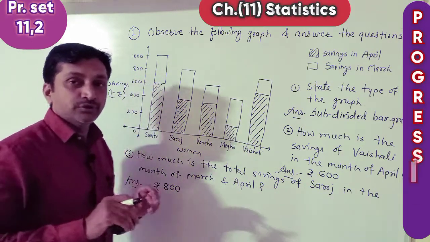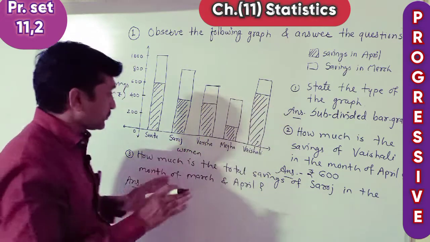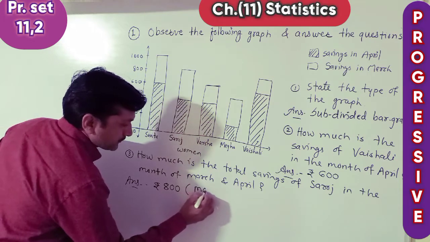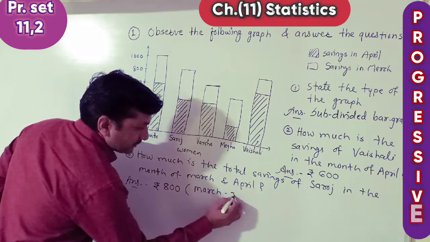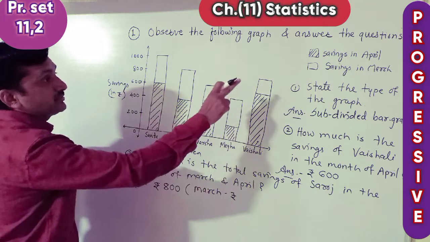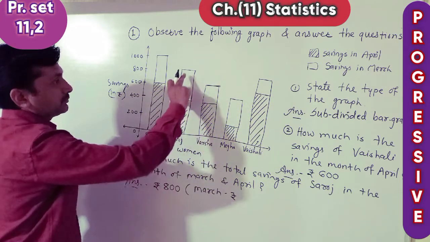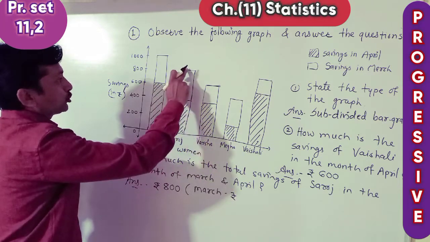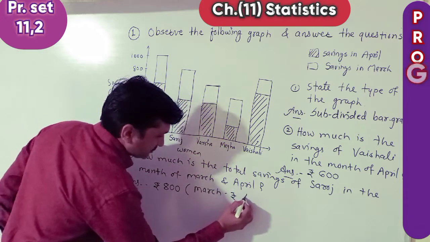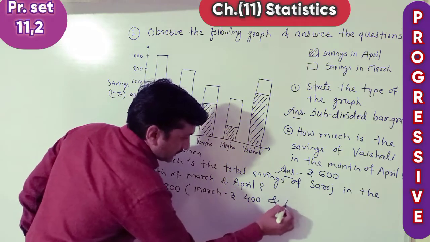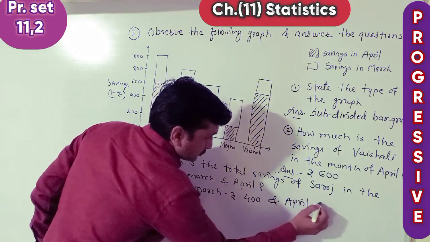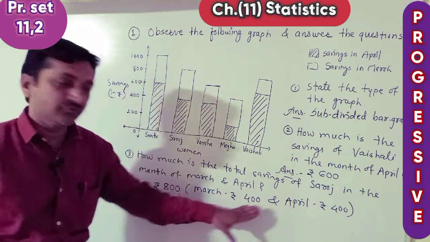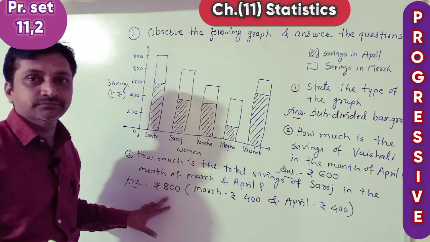If you want to write month-wise separately, you can write it in brackets. March is the blank part and April is this one. April is 400, total 800, minus 400, so March is rupees 400 and April is rupees 400. This is month-wise, total 800.